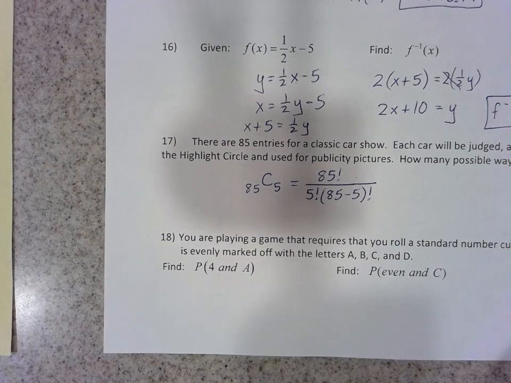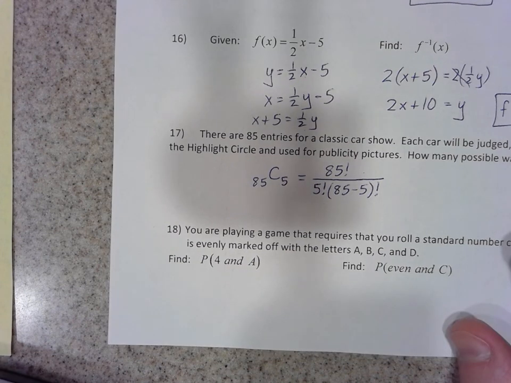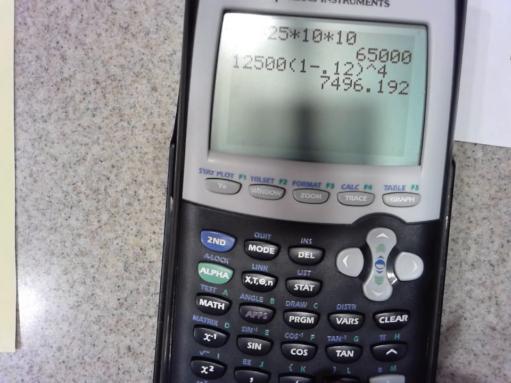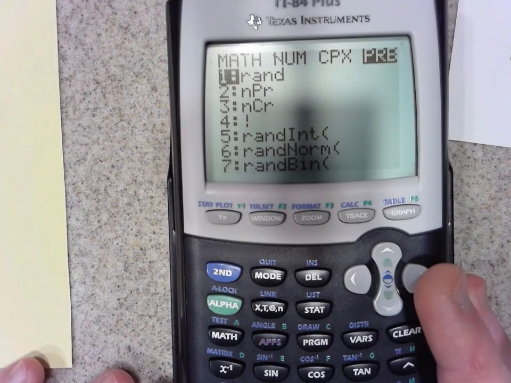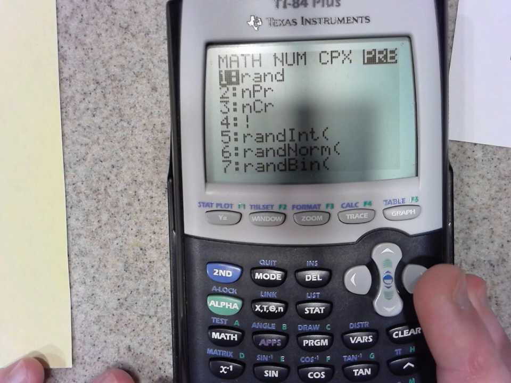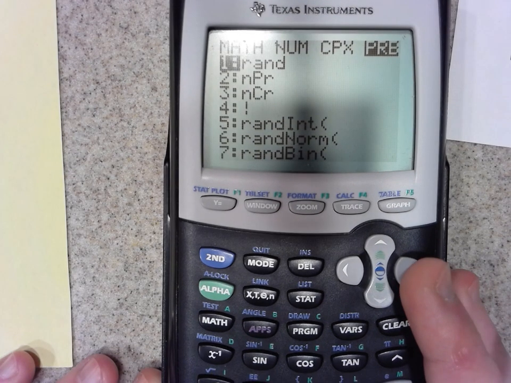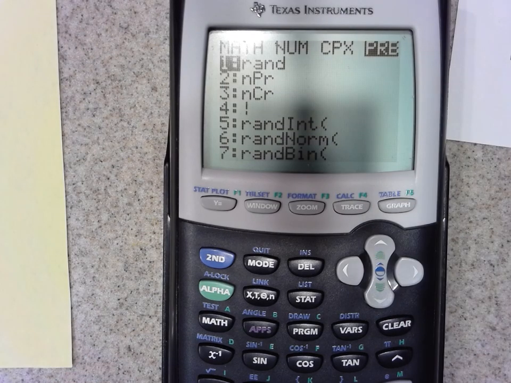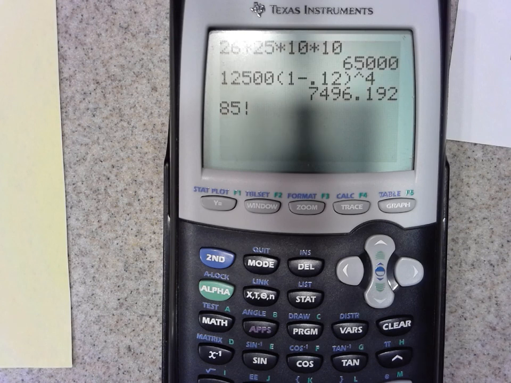And so on the calculator, you can find this under the probability menu, the PRB. If the numbers are too big, we can try to type it in. On top I've got 85 factorial. So on this calculator I go to the math menu, then across the top to probability, and the fourth option gives me the factorial.